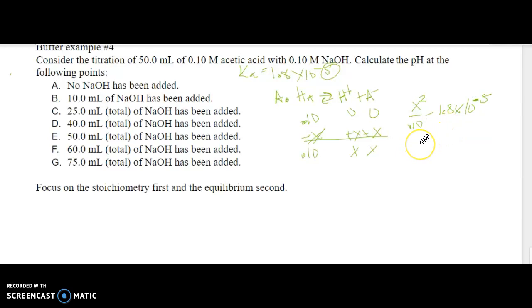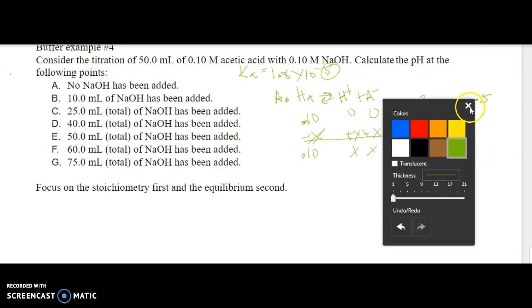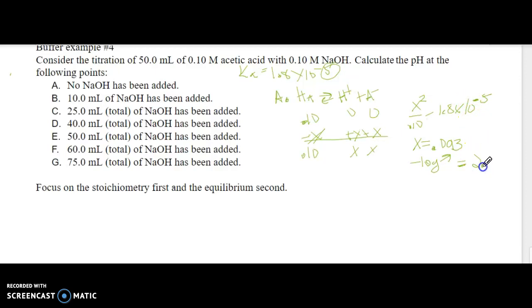And when you solve for that, you get X is equal to 0.0013, and taking the negative log of that gives you 2.87 to 2.89, depending on how far you round out there, but depends where you keep all your digits. So as long as you're close to that, that's fine.